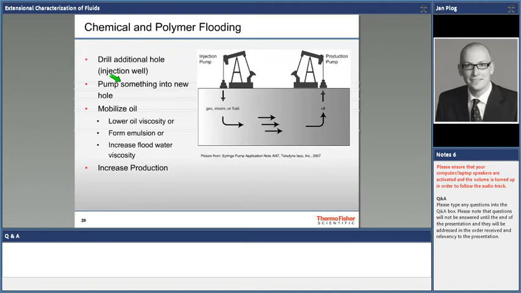It can be water for secondary oil recovery, or it can be surfactant solutions or polymer solutions for tertiary recovery that you need to press in there to mobilize the oil. You need to lower the viscosity and form emulsions to get more oil out of the well than you get by just the hydrostatic pressure that is prominent in the reservoir itself.